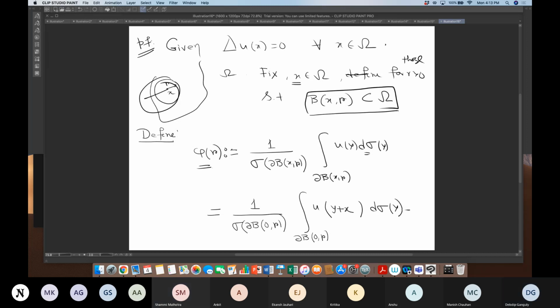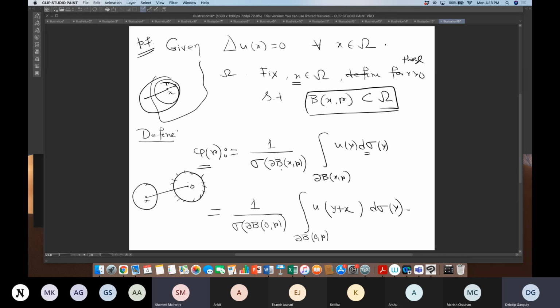Is that clear? This is the boundary of B(x,r). I have just translated to 0 and I just take the integral over the boundary. Is that clear? I have just taken x to 0. So for that I have to do y plus x. Is that clear? And the measure should be same, because you know del B(x,r) is equal to del B(0,r), because this sigma is the n minus 1 dimensional Lebesgue measure and we know that the Lebesgue measure is translation invariant. Is that clear?